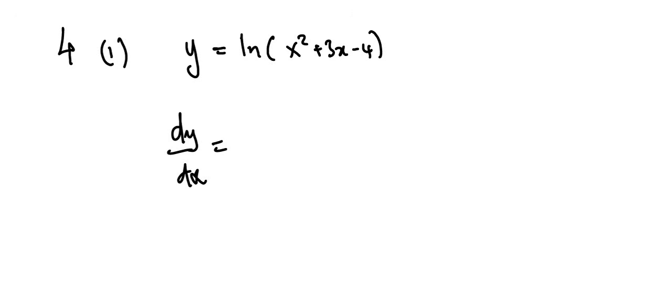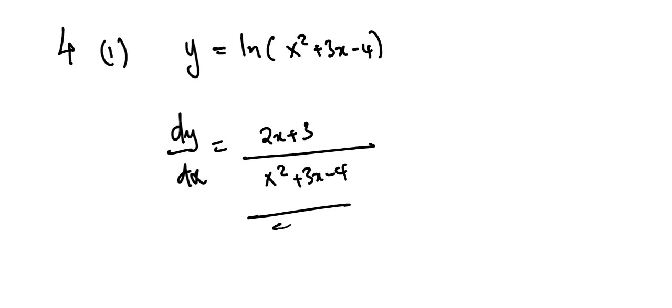We just differentiate what's inside. That's going to give us 2x plus 3, over the whole thing that we have, x squared plus 3x minus 4. Now this is just like a shortcut method, sort of. So now we're going to show it in a proper standard manner.